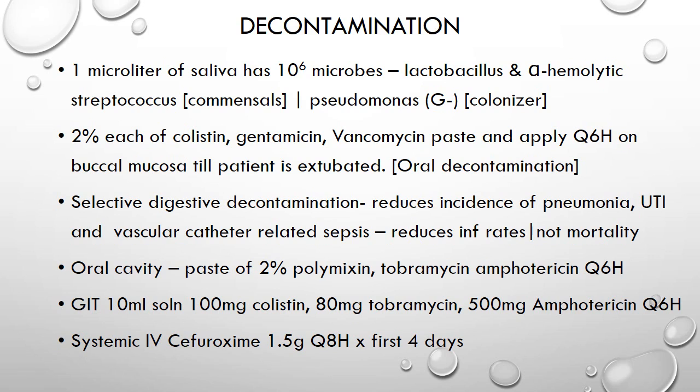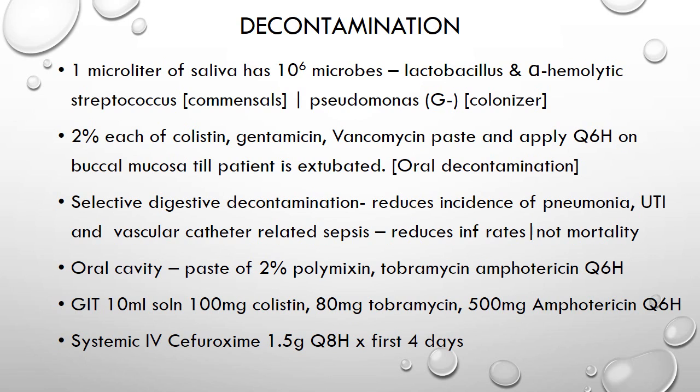Another method to prevent the bacteria from being there is a decontamination method. As we had seen earlier, 1 microliter of saliva has 10 to the power of 6 microbes, usually lactobacilli and alpha hemolytic streptococcus. These are commensals.